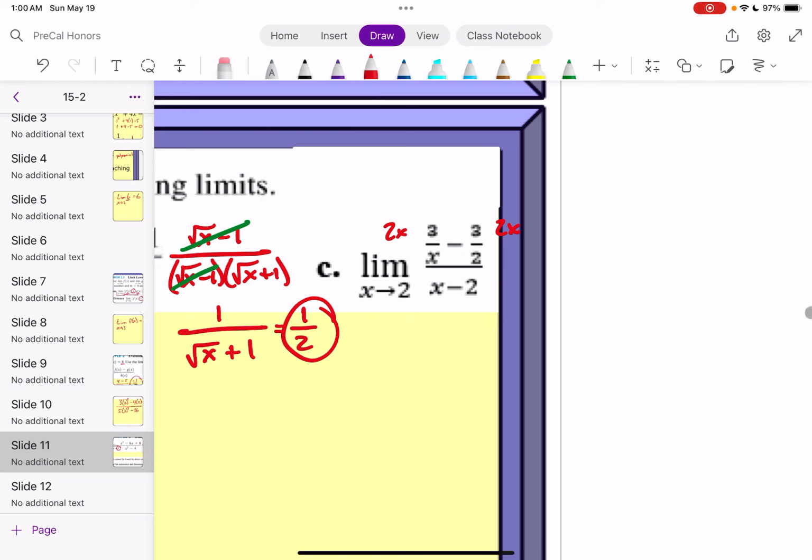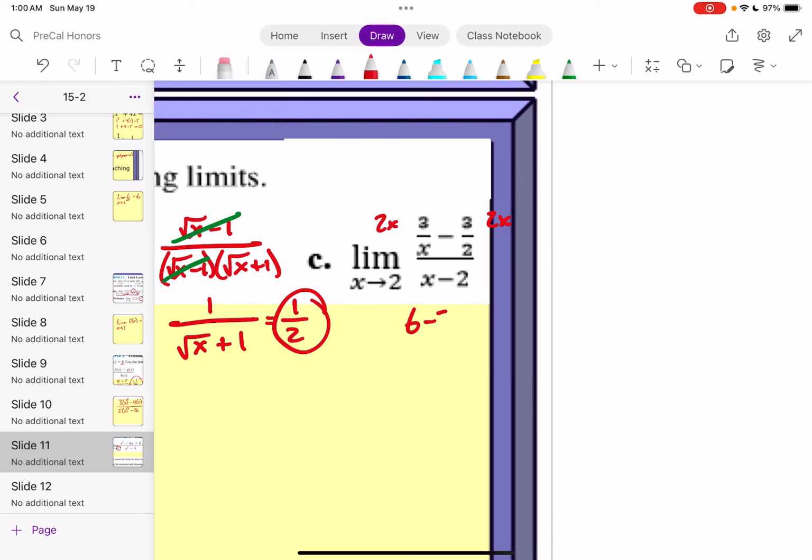So this would leave you with 6 minus 3x over 2x times x minus 2.